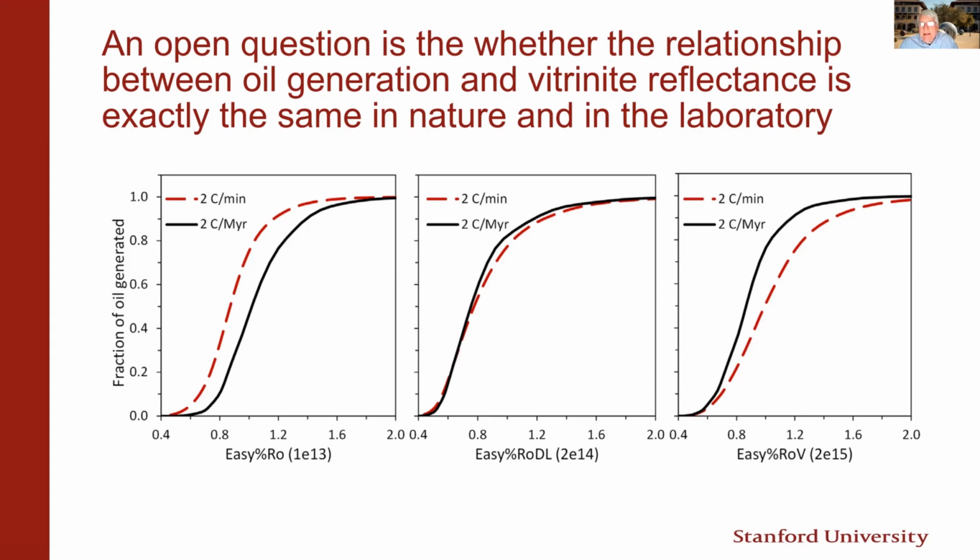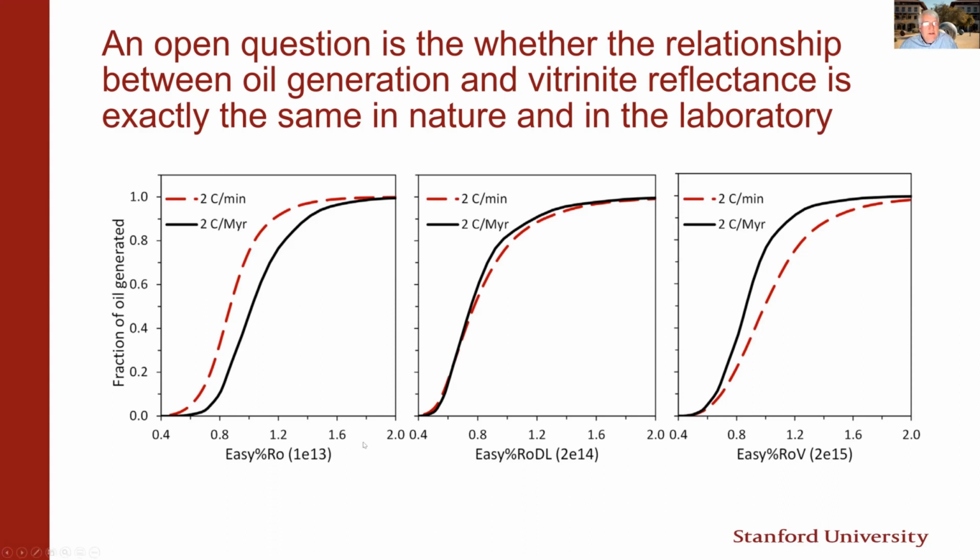It basically asks whether or not the frequency factor and activation energy of oil generating kerogen are close enough to the appropriate frequency factor and activation energy for the primary increase in reflectance. And if they're pretty much the same, you should have the same relationship. But if they're not, then you could have a shift either one way or the other.